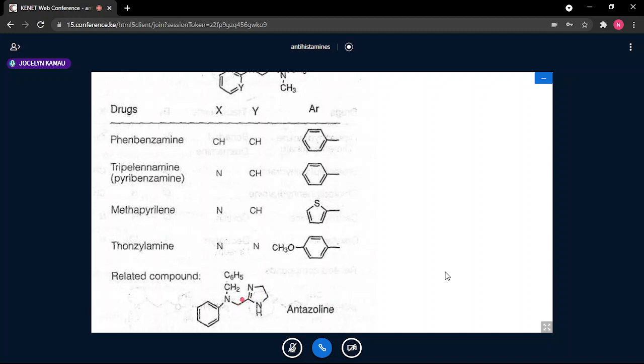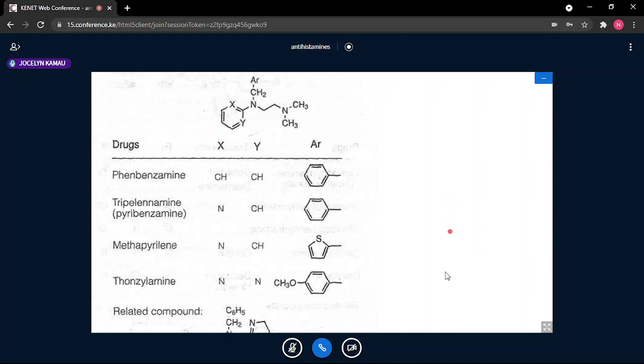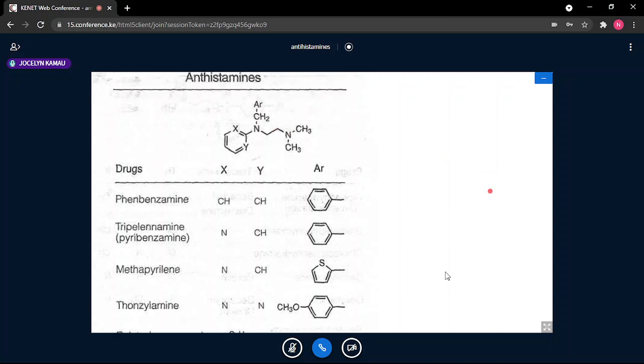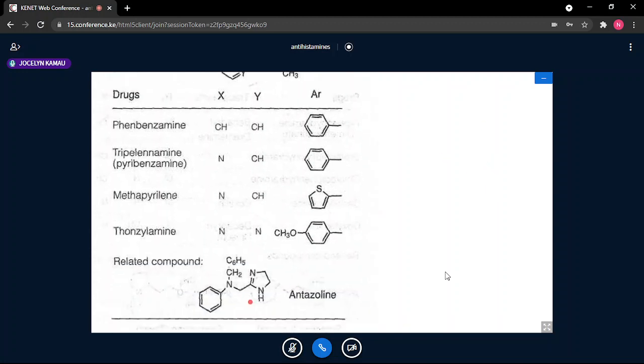So all we are saying is that if you compare this structure with phenbenzamine, in phenbenzamine it is CH2 and then attached to a nitrogen. If you look at antazoline, it has only one carbon as an aliphatic carbon.